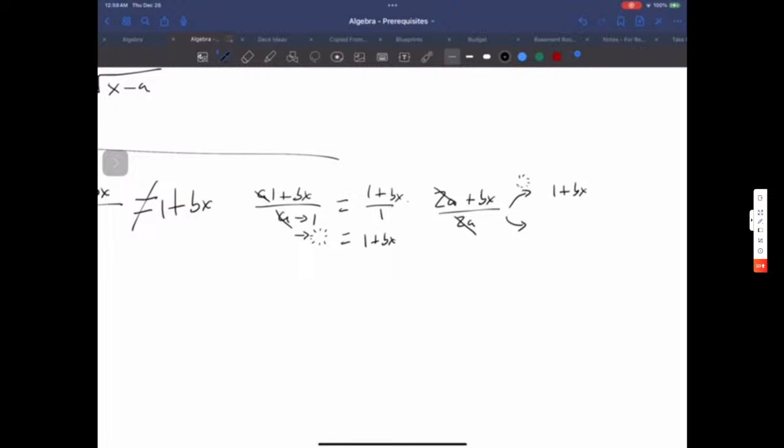That's how they write it. The other person... sorry, I'm having trouble with my mouse here. Okay, this is a plus bx over 2a.